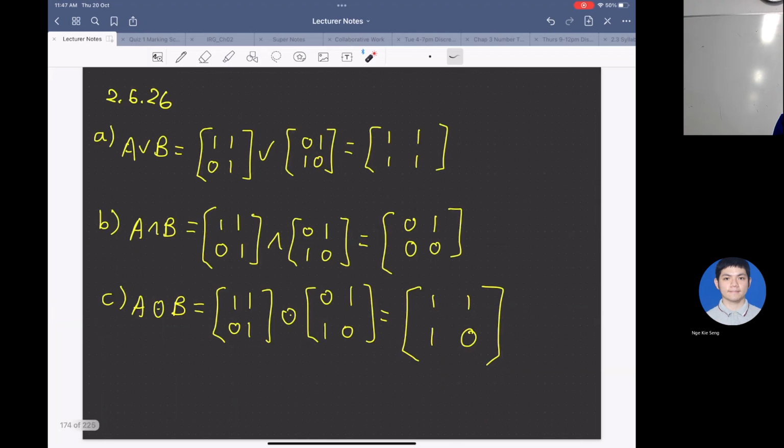And then that's all. So you can see that there's a wide range of tutorial questions here. Some check your understanding of the definitions, and others check whether you know how to do the computation.